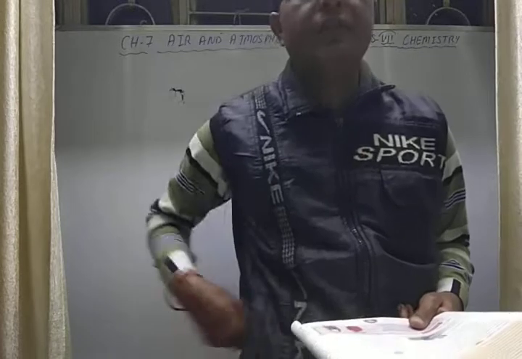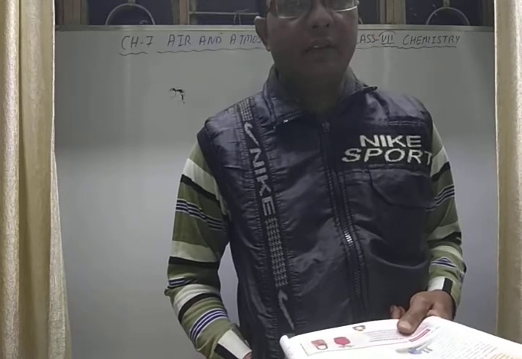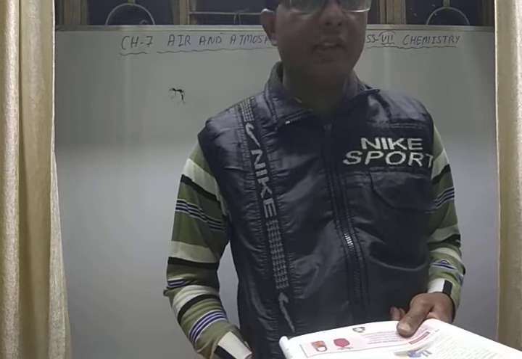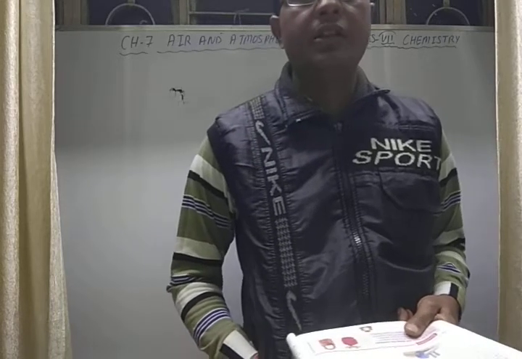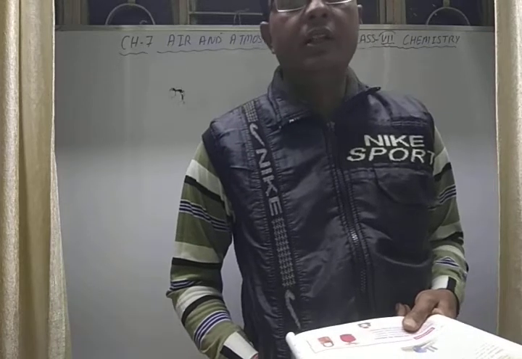We are using lots of oxygen from the atmosphere that should be returned back. How does it get returned back? While using this oxygen for respiration and other burning, combustion, etc., in return we release carbon dioxide to the atmosphere.